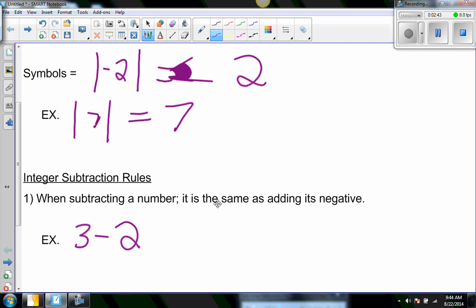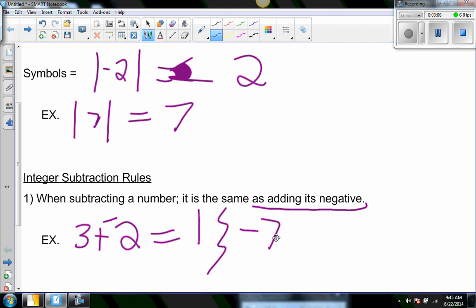I'm going to change it to adding its negative. Now I go back to yesterday's rules. I have one of each sign. So 3 minus 2 is 1, and my positive is bigger, so of course my answer is 1. Now you might be saying to yourself, why is she teaching us this? This is so easy.